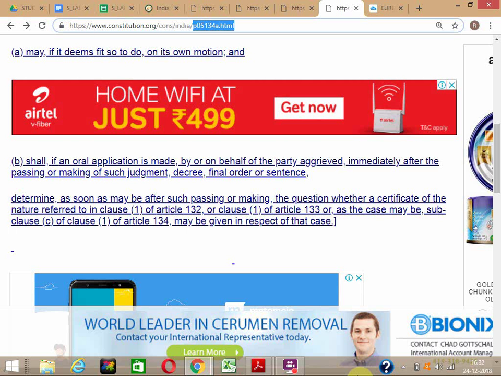And then the High Court might address that question and still decide that it is not fit for appeal under Article 132 or 133 or 134. Have you followed the structure?